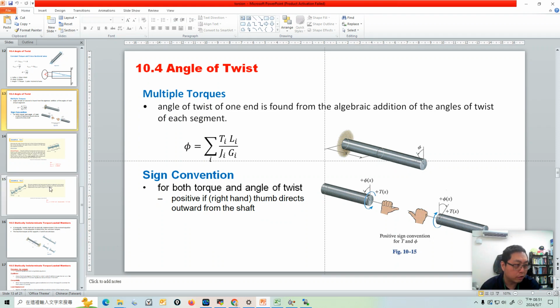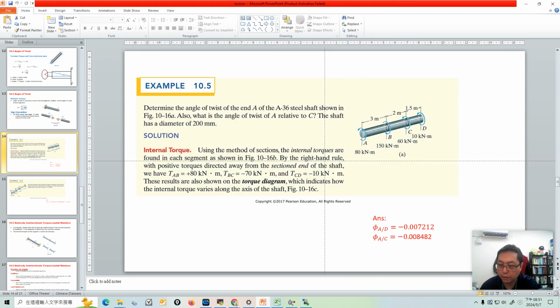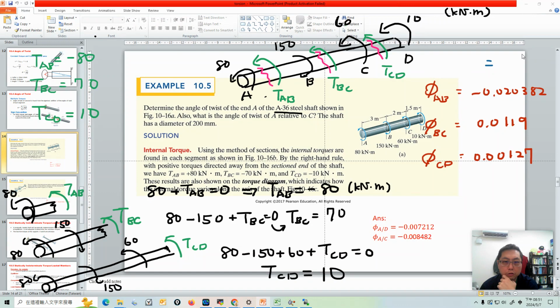Okay, let's go back to example 10.5. Here is our calculation result. We use the cross-section method and compute the torque of each section. Our torque AB is minus 80, BC is 70, and CD is 10.